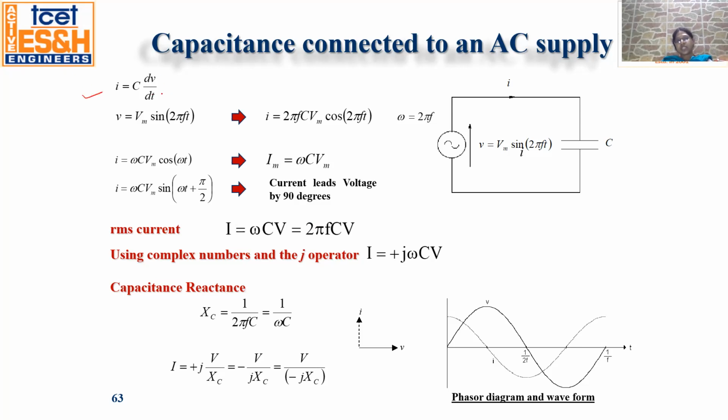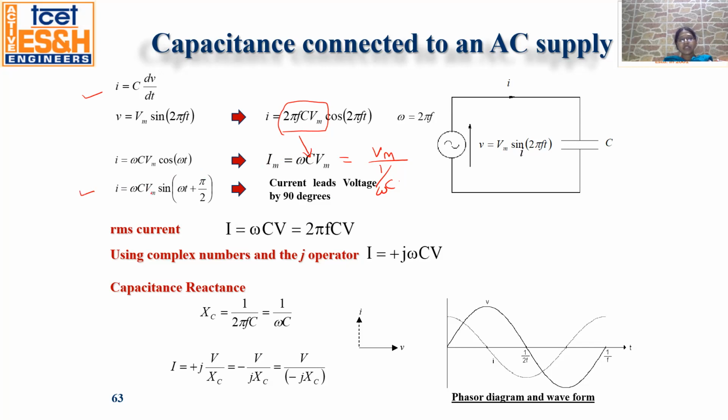Now see, this is the parameter which shows I is equal to C dV by dt, where V is equal to Vm sin omega t or sin 2 pi ft. You can also write your current equation in this fashion, 2 pi f C Vm cos 2 pi ft. You can write this as Im also, Vm divided by 1 by omega C. So this is also a value of Im.